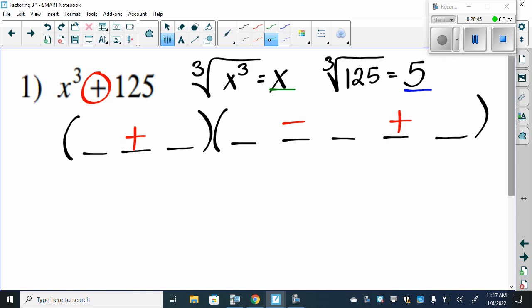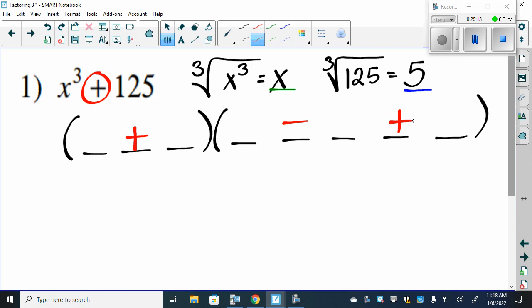So when dealing with the signs, the sign that we started out with is plus. So inside this here, the first sign is always going to be the same as what we started with. Since we started out with plus, it's going to be plus. Our second sign is always going to be the opposite of what we started with. So minus, and then we always want to end it on a positive note.